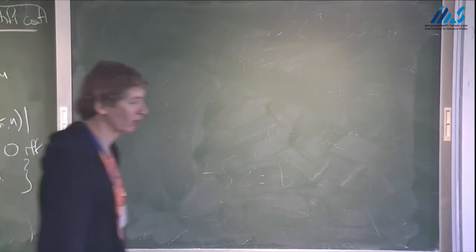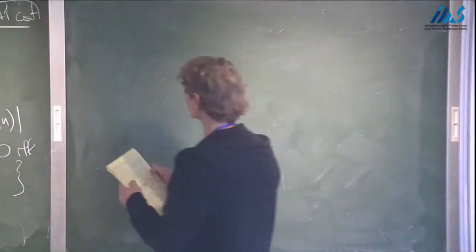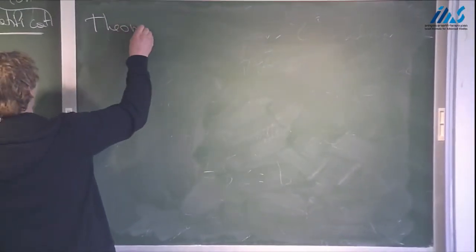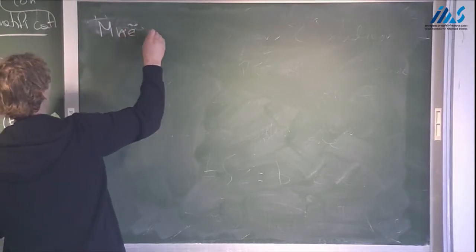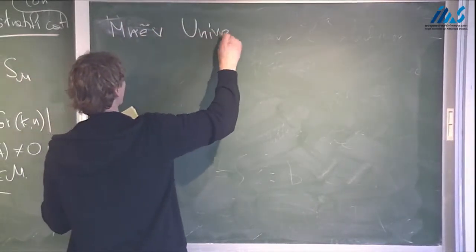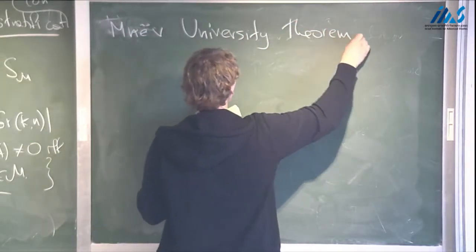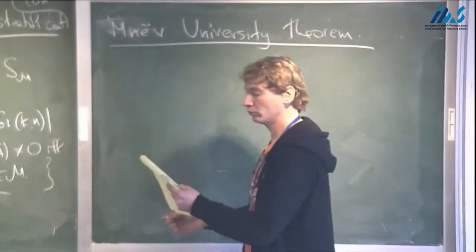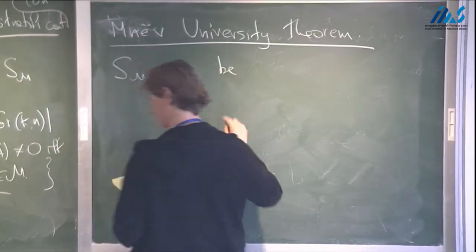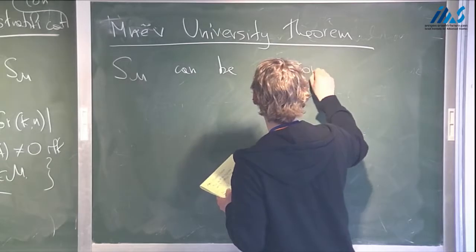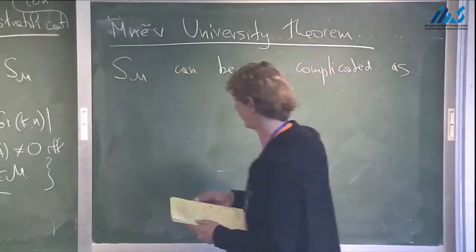There is a famous theorem, which is called the Mnëv universality theorem, that basically tells you that these Matroid strata can be as complicated as any algebraic variety.